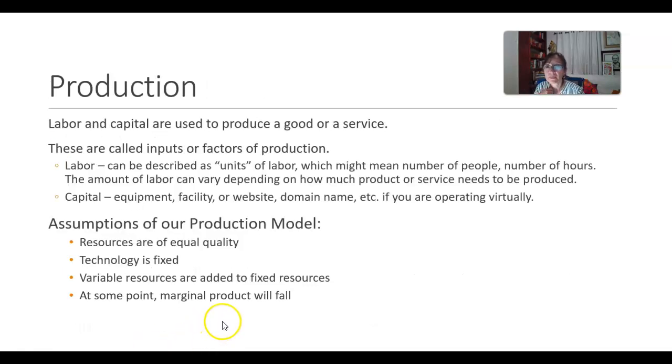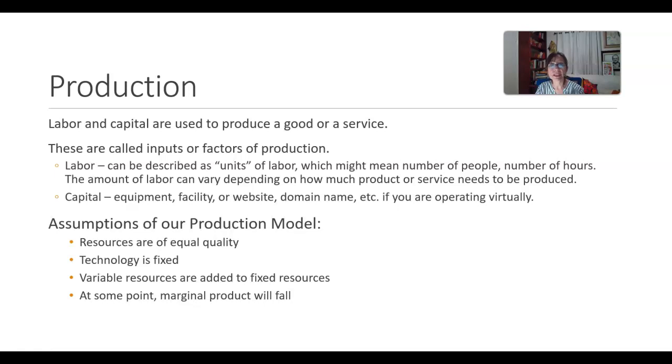Okay, so if you're going to supply something, that means you're going to produce something, and you need labor and capital to produce a good or service. These are called inputs or factors of production. So that's kind of economic terminology that you want to know. Labor can be described as units of labor, and this might mean number of people, number of hours.